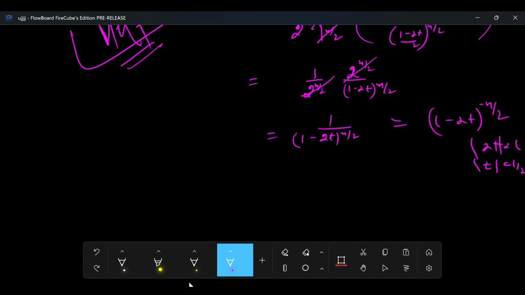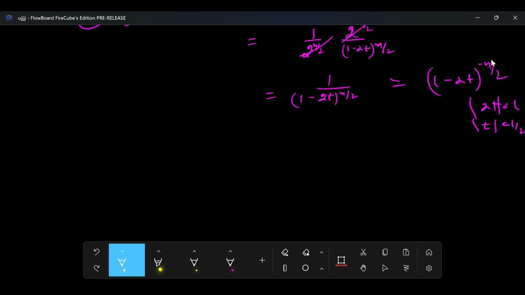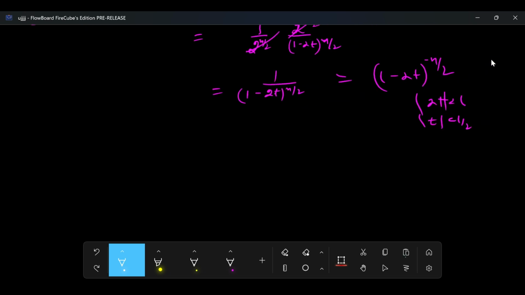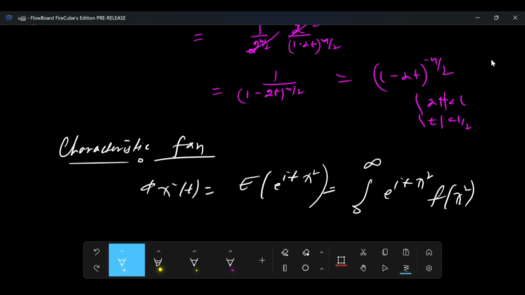Now what will be the characteristic function? Simply you have to do one thing. The characteristic function phi of chi square t is the expectation of e to the it chi square, that is nothing but the integral from 0 to infinity of e to the it chi square f of chi square d chi square.